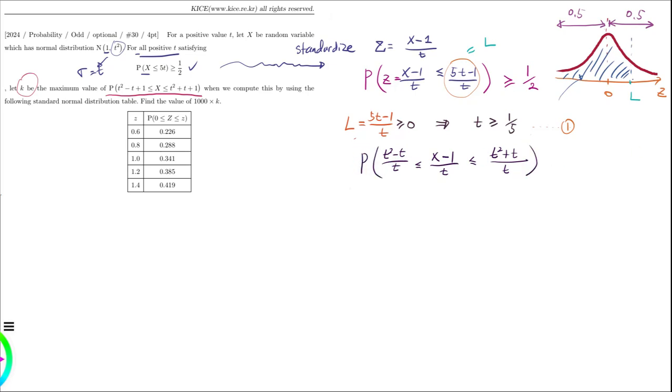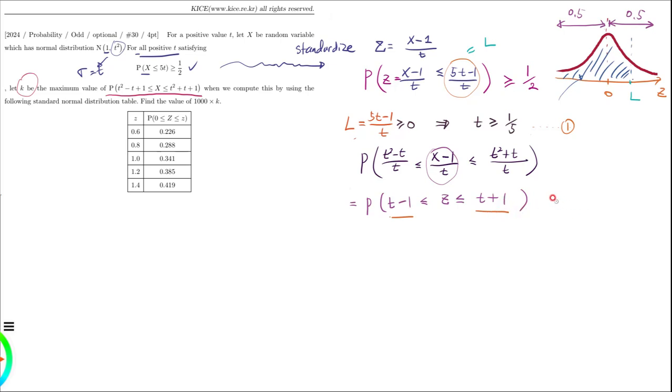This probability, in terms of the new standardized random variable z, corresponds to the probability for the random variable z having value between t minus 1 and t plus 1.